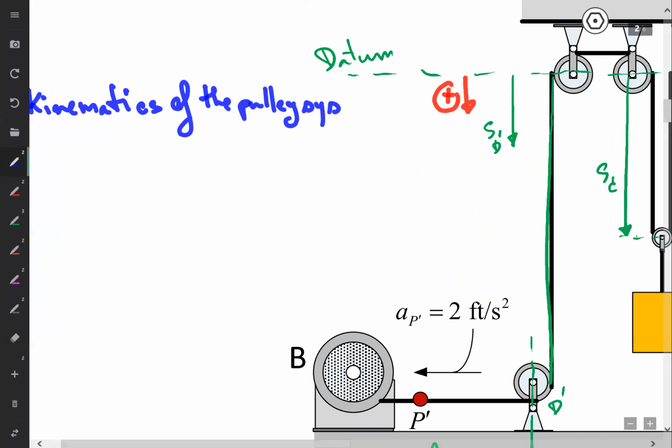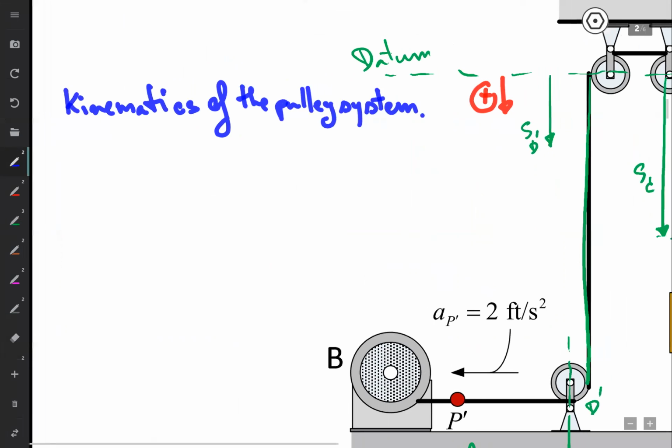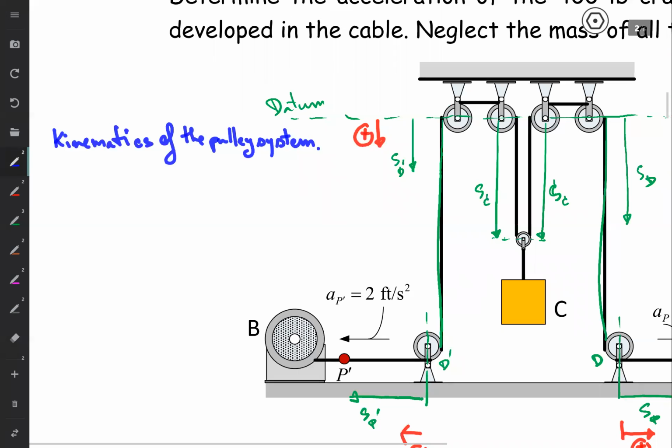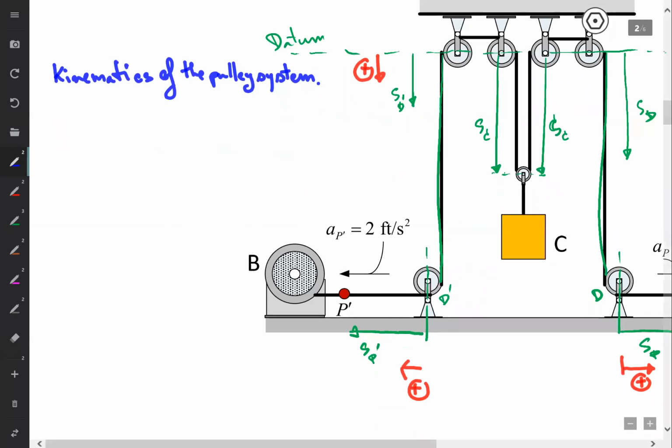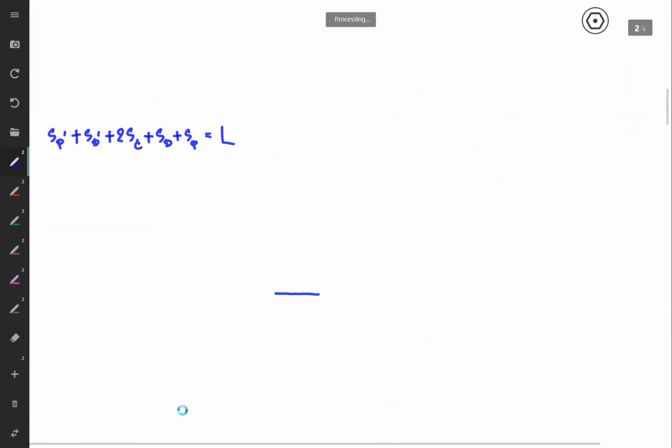We found that we have the length SP prime, this is the first length, plus SD prime, plus 2SC, plus SD, plus SP is equal to L. That is a constant.